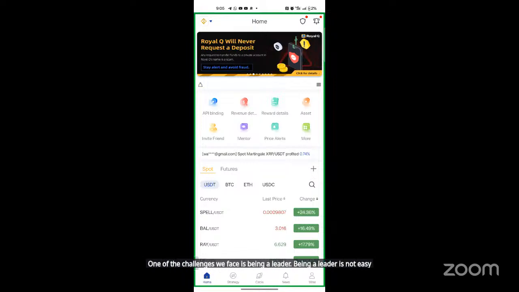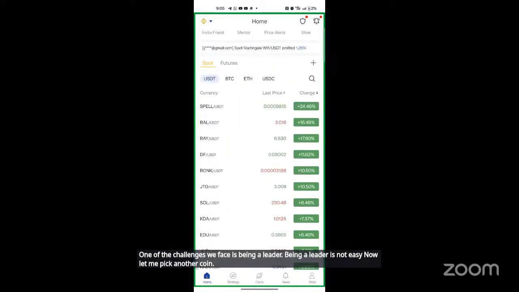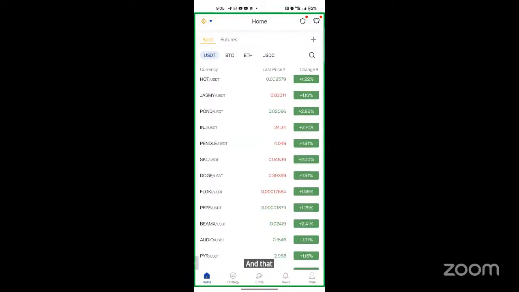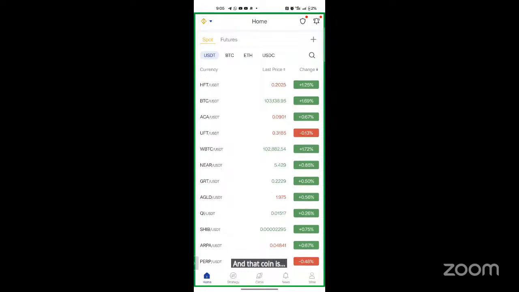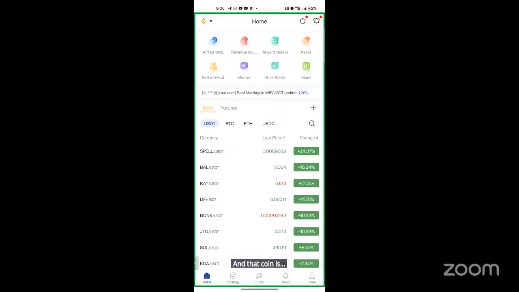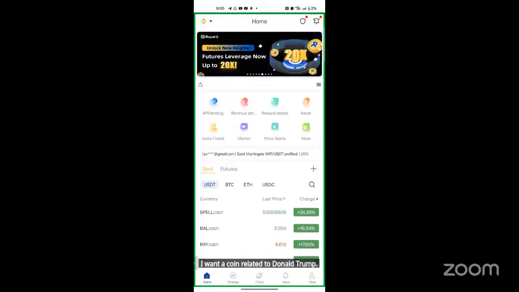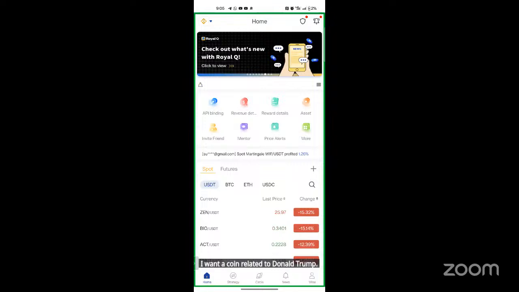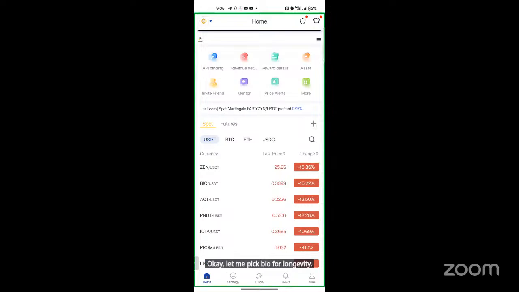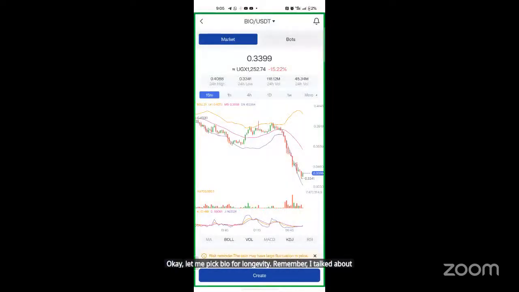Now let me pick another coin. I want a coin related to Donald Trump. Okay, let me pick BIO for longevity. Remember I talked about this coin?